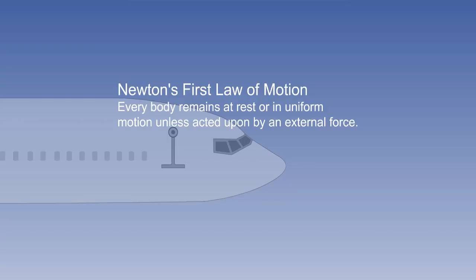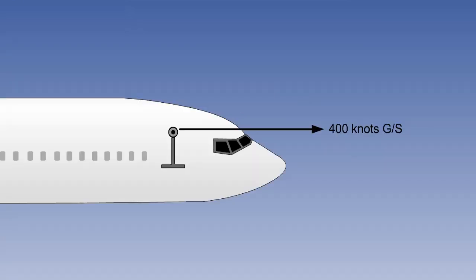The weight at the bottom of the pendulum is obeying Newton's first law of motion. Every body remains at rest or in uniform motion unless acted upon by an external force. Suppose that the weight and the aircraft are both travelling at 400 knots. Now the aircraft accelerates to 410 knots, but the pendulum weight, at least initially, remains at 400 knots.